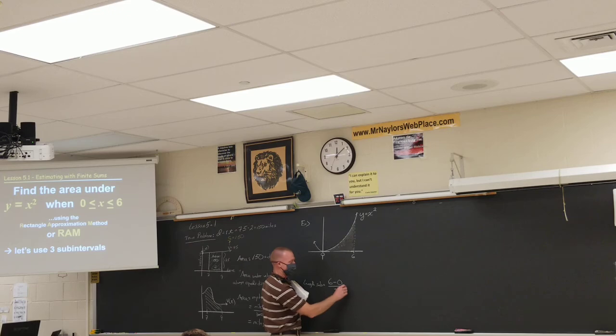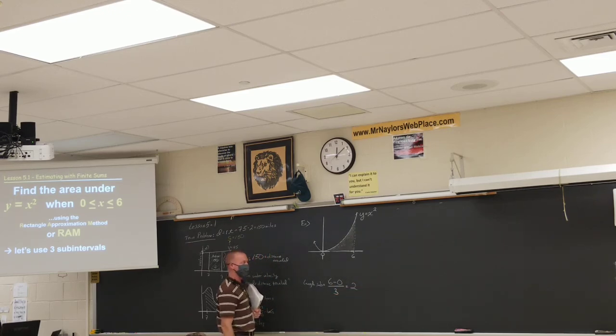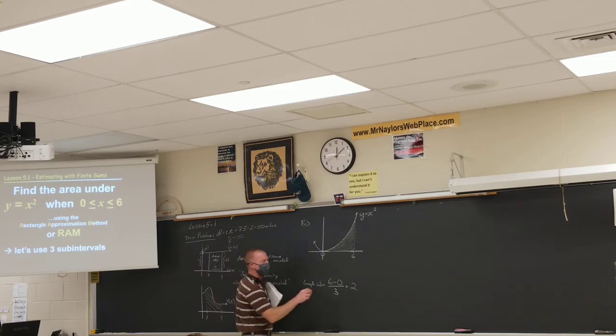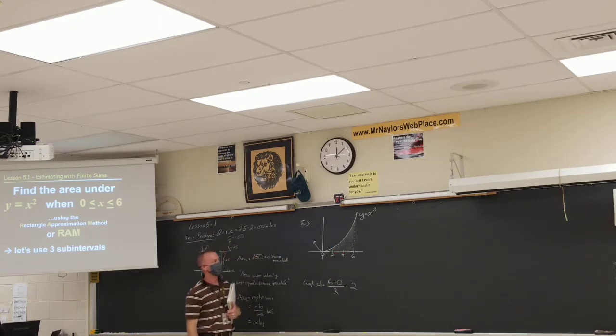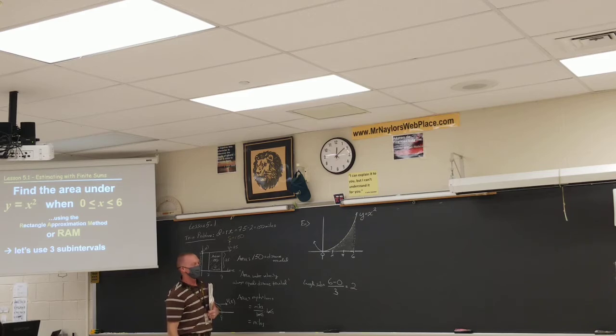Again, common sense math. You probably could already tell that the length of the subinterval is going to be 2. What that means is that we're going to get a rectangle from 0 to 2, from 2 to 4, and from 4 to 6. So we're basically going to divide this into 3 rectangles, 3 subintervals.